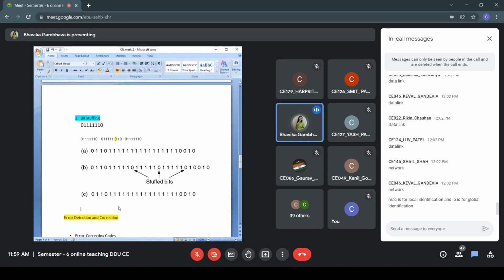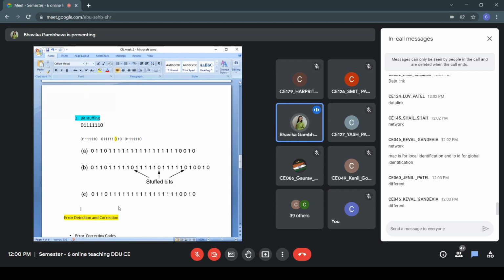So Keval says that MAC is for local identification and IP is for global identification. So in MAC address, let us say I have one MAC address and someone in Haryana also has a MAC address, and someone in Canada has a MAC address. Will these three MAC addresses be the same or different? They'll be different, right? Globally, MAC addresses are unique.